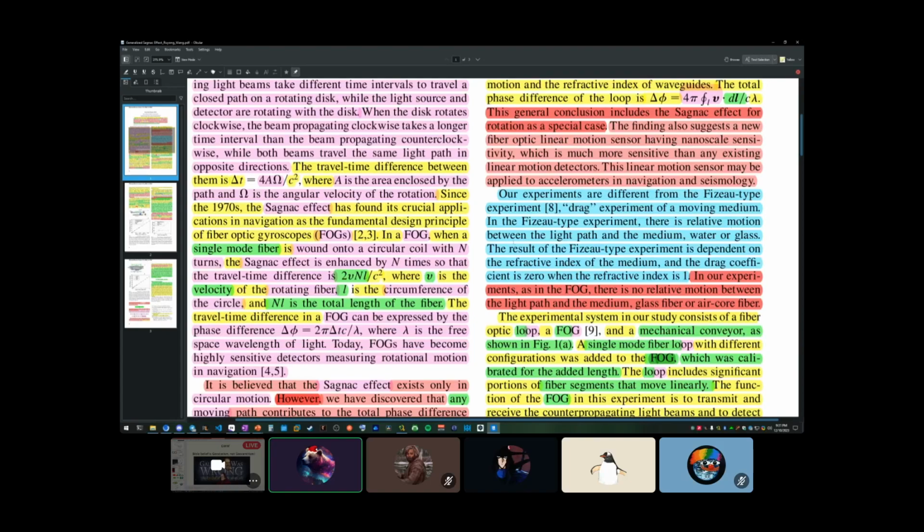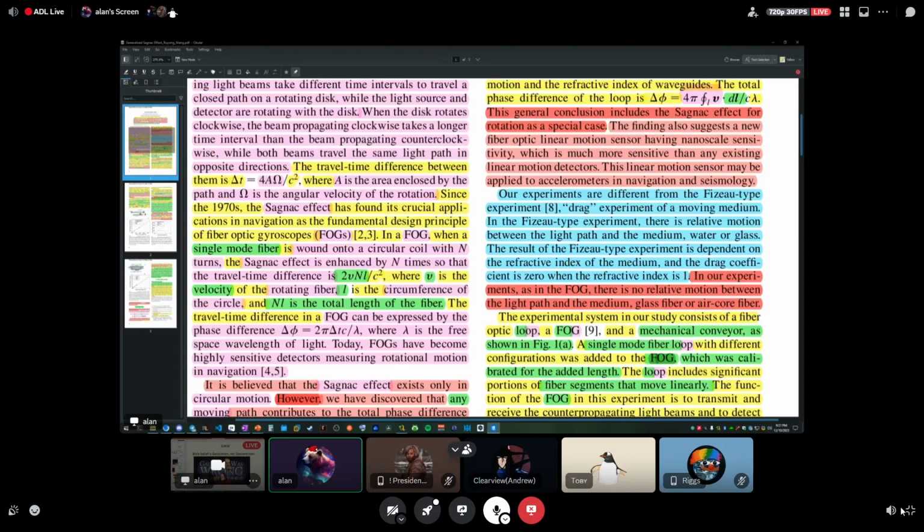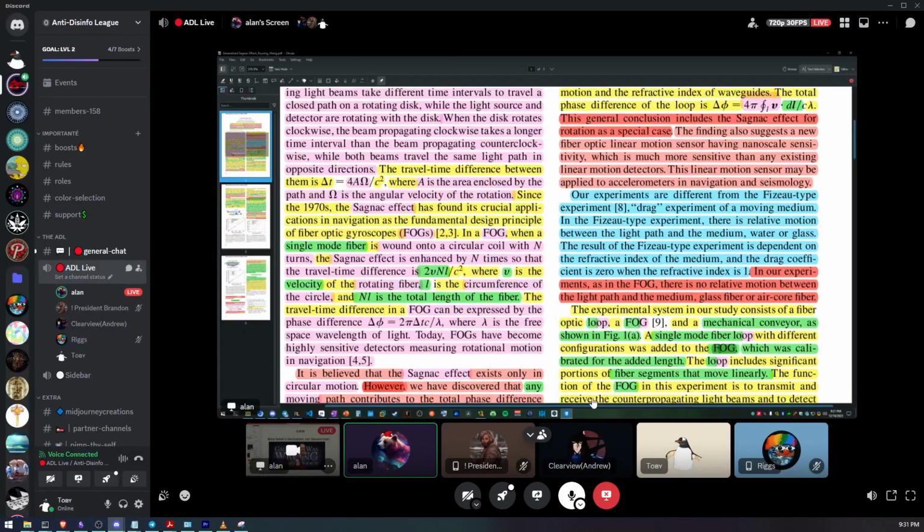The result of the Fizeau experiment is dependent on the refractive index of the medium, and the drag coefficient is 0 when the refractive index is 1. In our experiment, the FOG, there is no relative motion between the light path and the fiber optic.